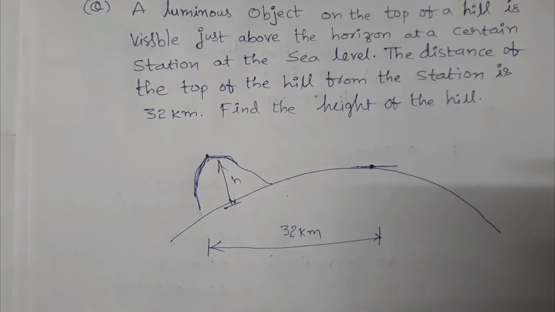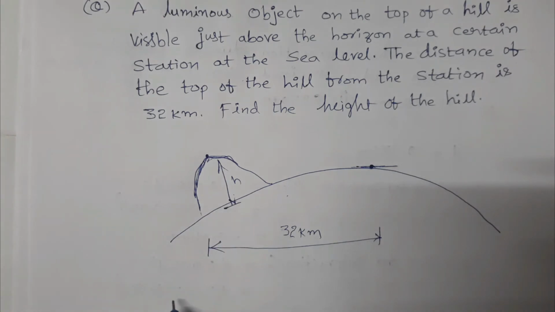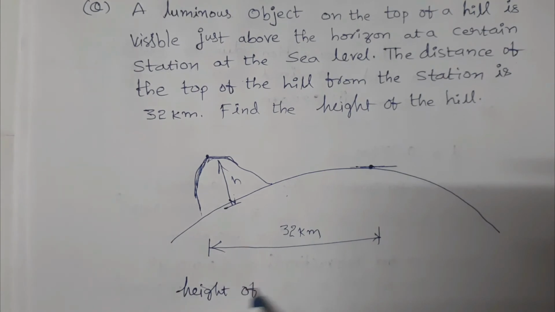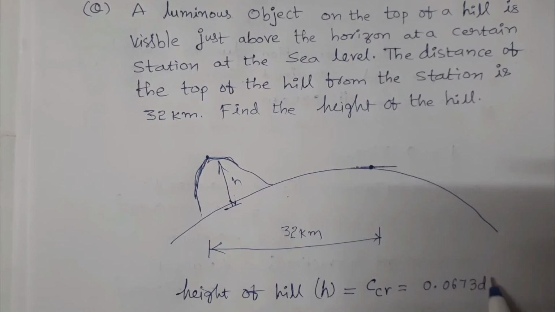So we know the combined correction for curvature and refraction, which is equal to the height of this hill. Height of this hill is equal to combined correction due to curvature and refraction, which is equal to 0.0673 d square.